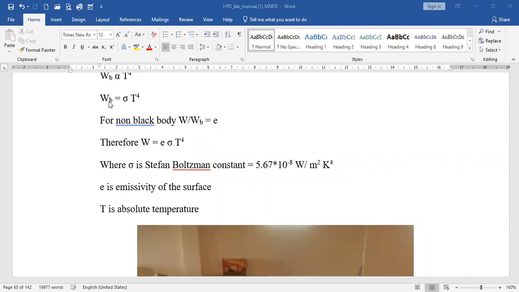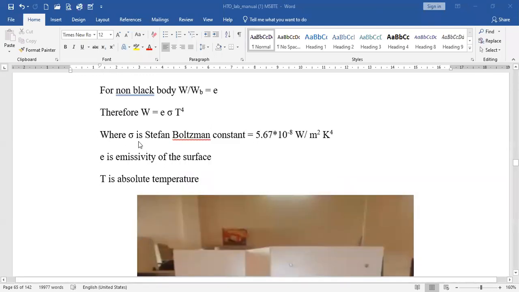This WB can be replaced by sigma T raised to 4, and in this way we get the equation W or capital E is equal to small e into sigma into T raised to 4. Small e is the emissivity, sigma is the Stefan Boltzmann constant, T is the absolute temperature, and W or E is the emissive power of a non-black body.